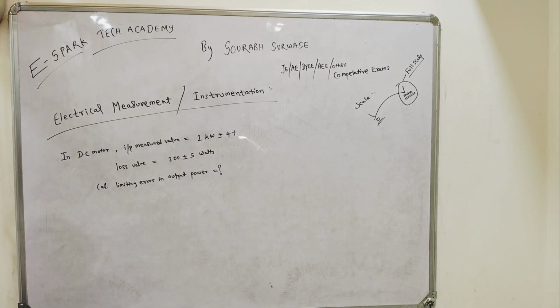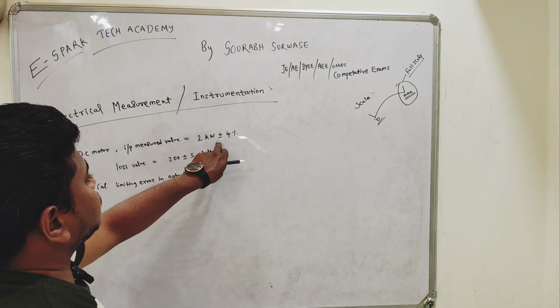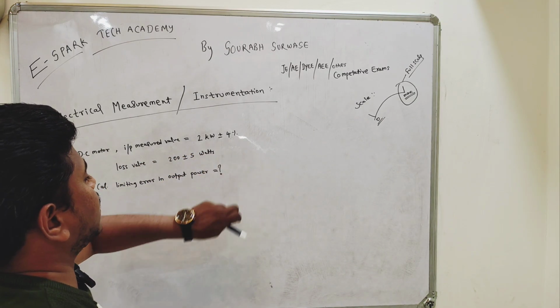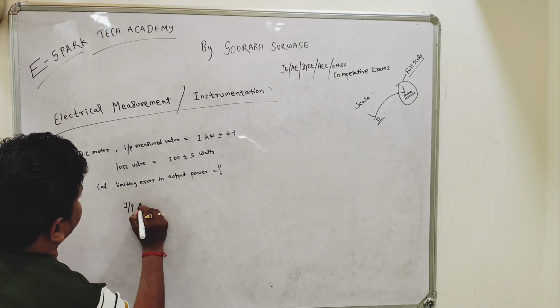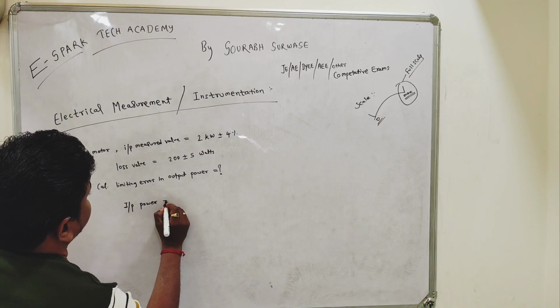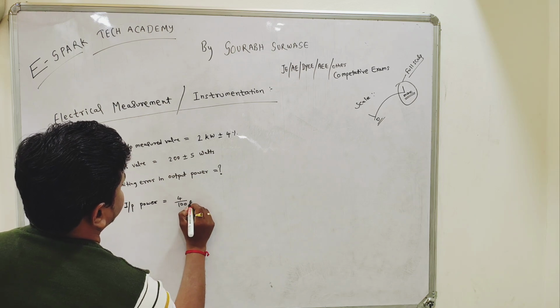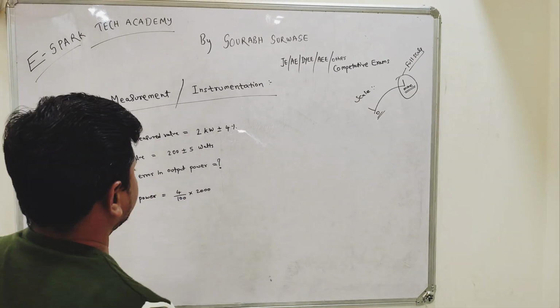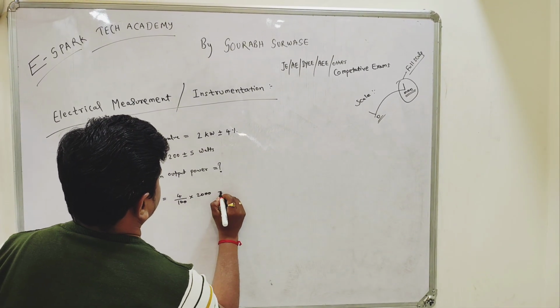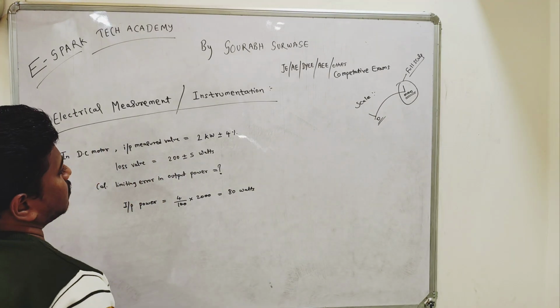We have to calculate. First of all, we will calculate the plus minus 4% error in terms of input power. 4% is 4 divided by 100 into 2000 watts, means 2 kilowatt. You will be getting it as 80 watts.